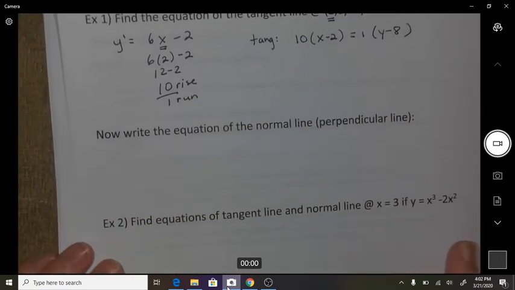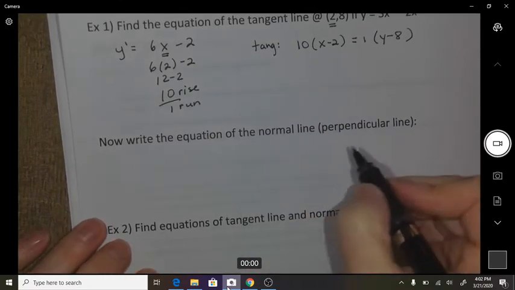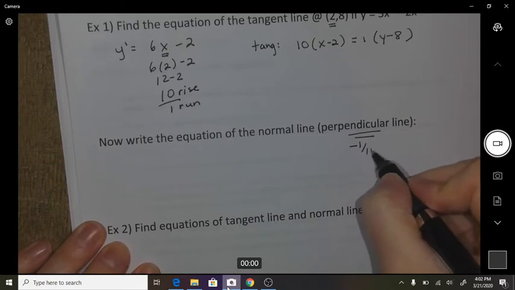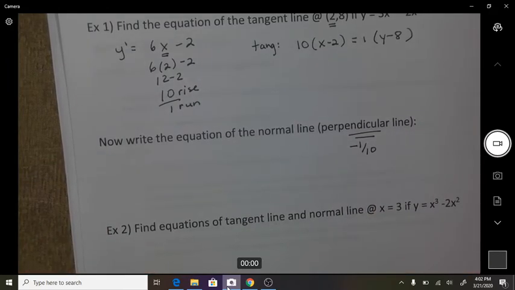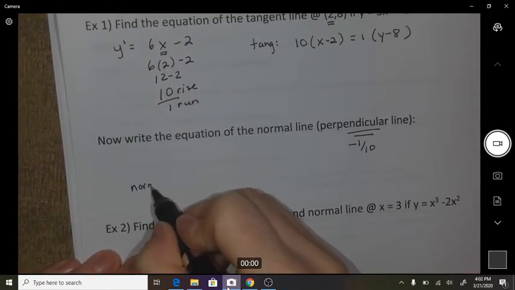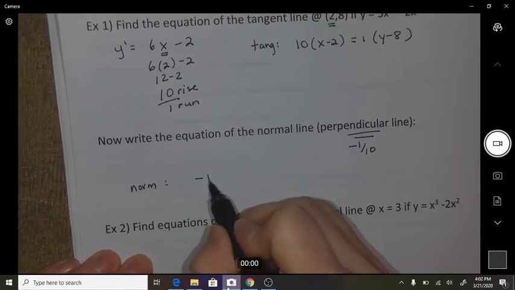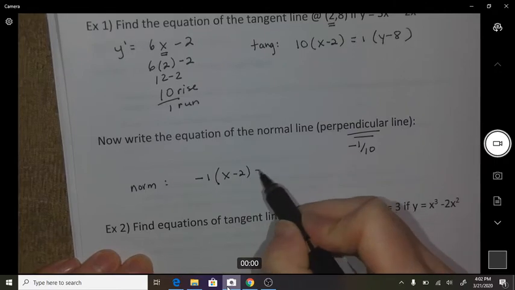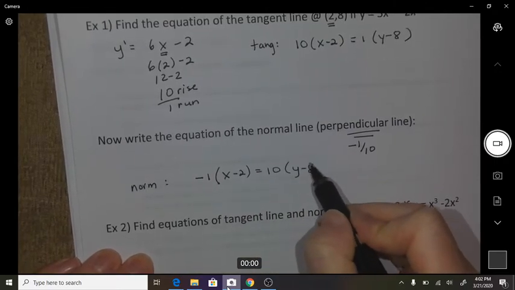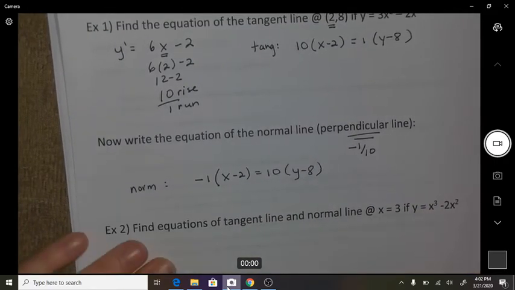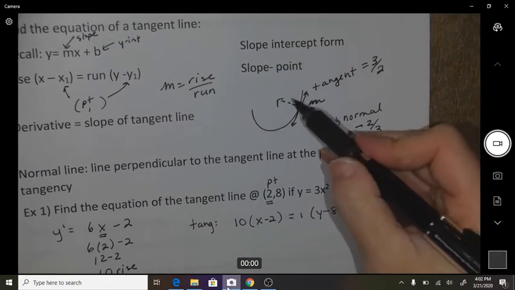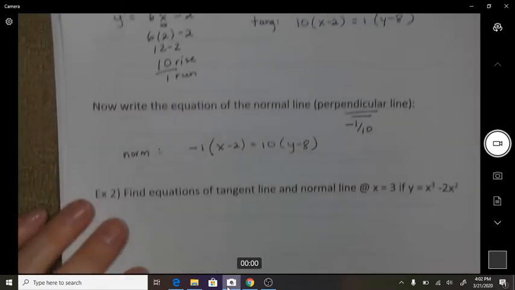Okay, now write the equation of the normal line. So what is the perpendicular slope? It'll be negative 1 over 10. So the normal line will be negative 1, that's the rise, x minus 2 equals 10, y minus 8. So it still goes through the same point, right? Not changing the point, just changing the slope of the line.